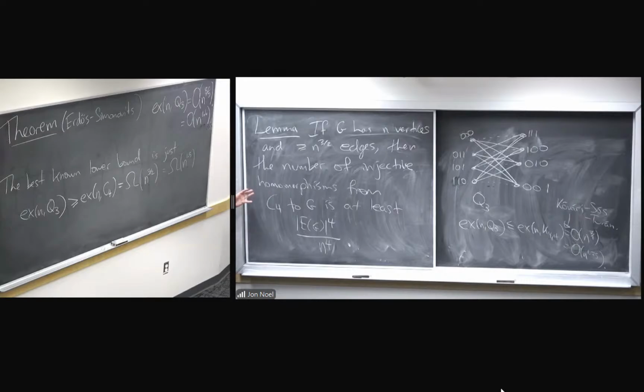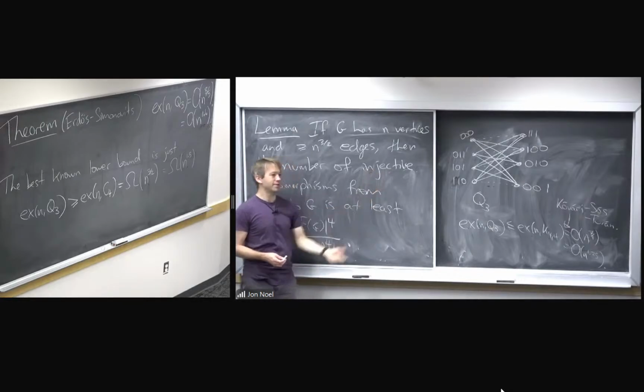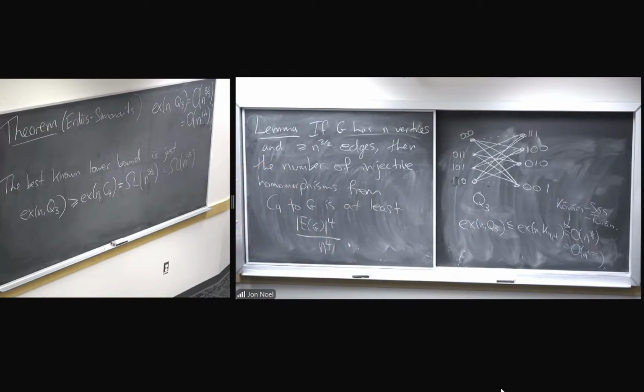This is kind of similar to various things we've done. Like we proved something about the homomorphism density of C4 compared to the number of edges. But this is asking for something a little bit different. You want actually injective homomorphisms. So you want real copies of C4.